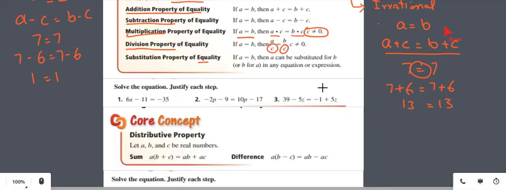For example, if I say that a equals 7, this is the equality, and I have the expression a plus 7 equals 0, then I can substitute this value of a here because I already have a equals 7. So this is the substitution property of equality.